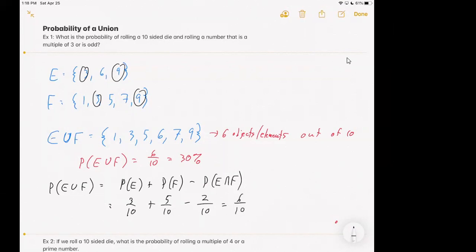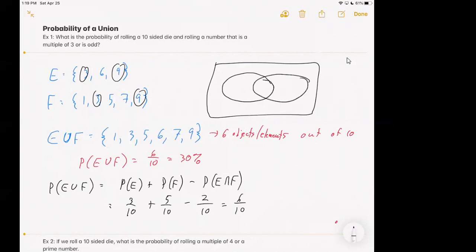So let's draw this out and make sure we understand why it comes out the way it does. This will be all numbers from 1 to 10, all counting numbers, things that could show up on a die. This will be set E, this will be set F, and we've already determined that 3 and 9 are in both.